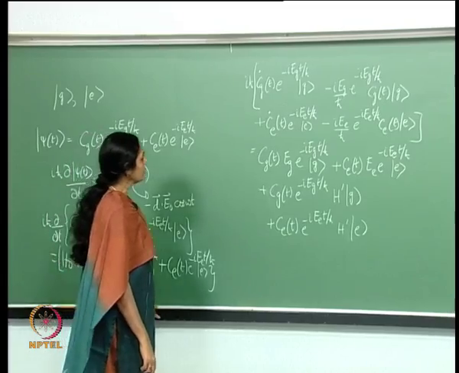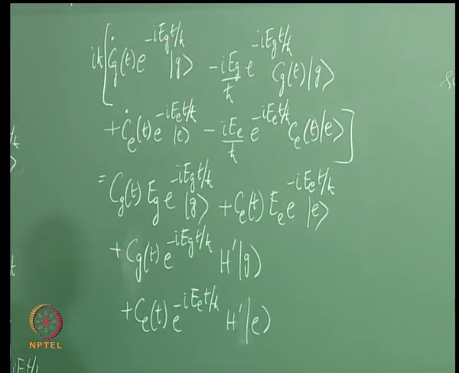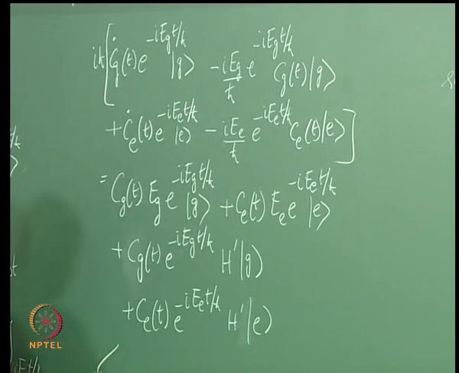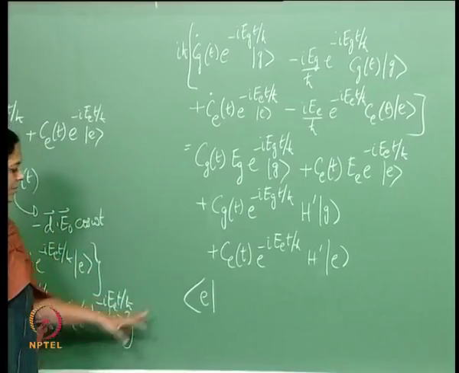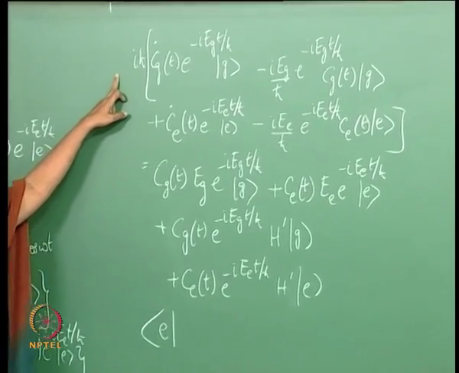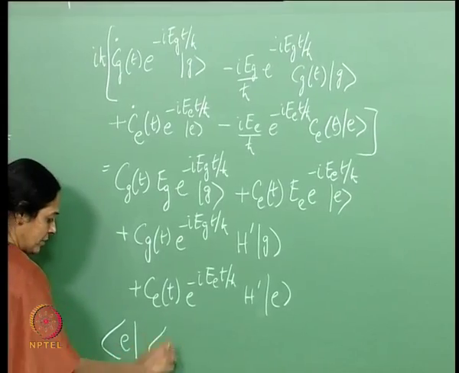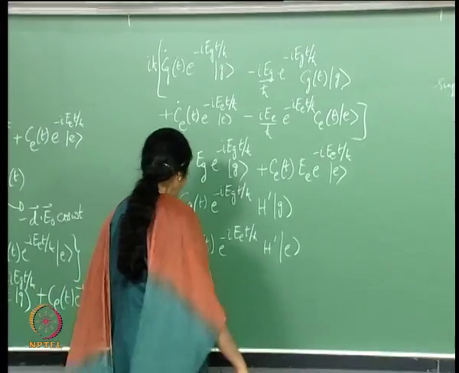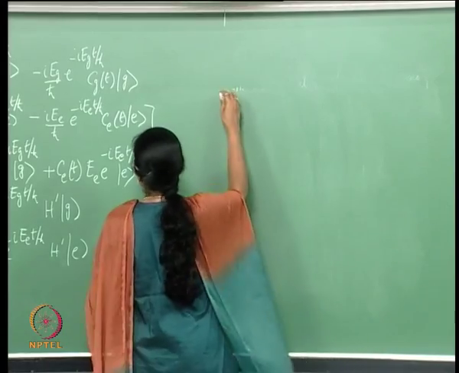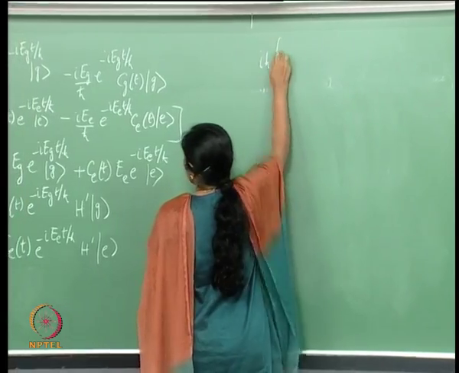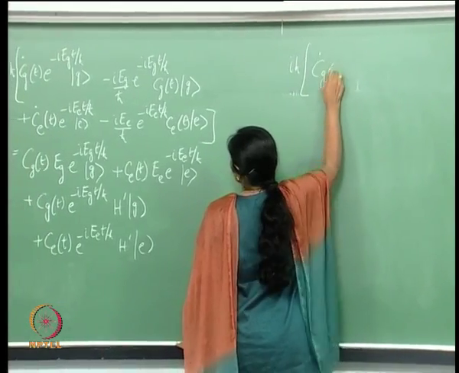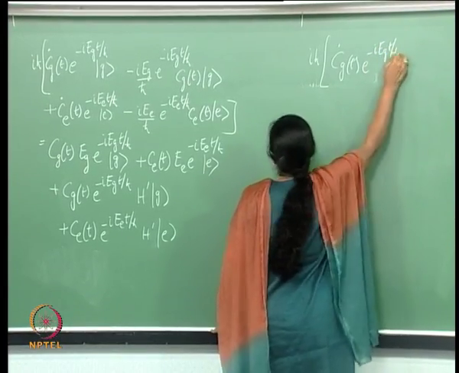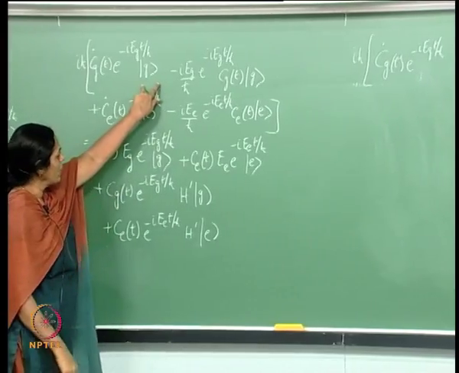Now one thing is clear. I can take this equation and flank it with bra e on this side and also bra g on the left hand side. Now that should give me something. So let us see what happens. If I started with bra g, certainly the first term survives, because ket g is normalized to 1.